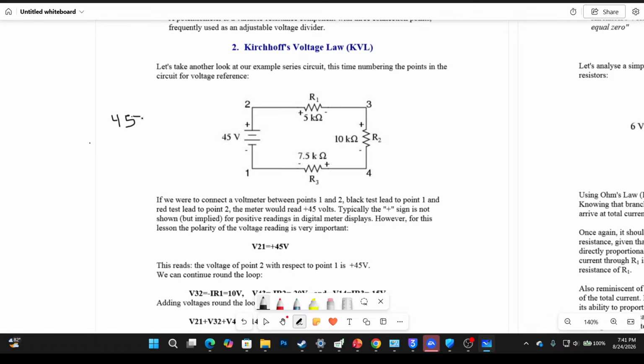Now 45 should be equal to the summation of the potential drops across each of these resistors. So let's take our current to be I. We know V equals IR.